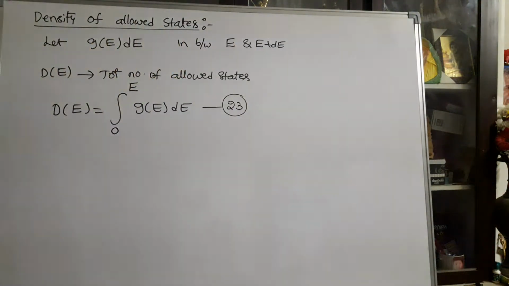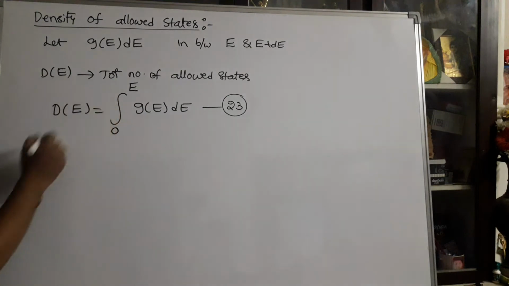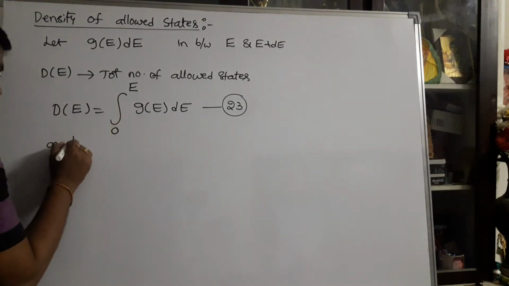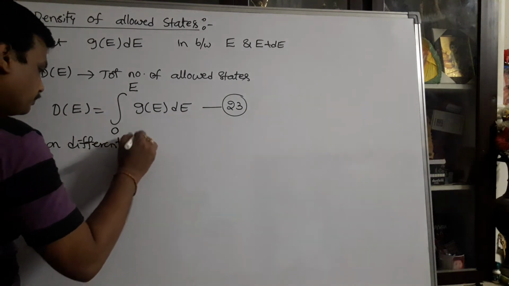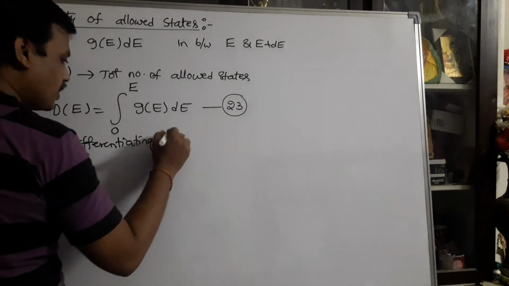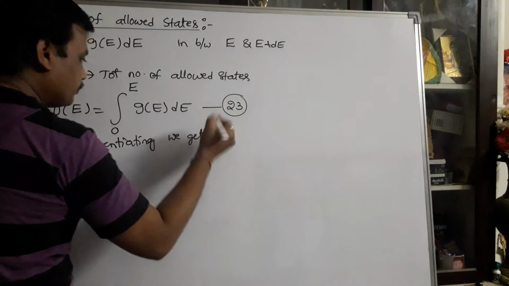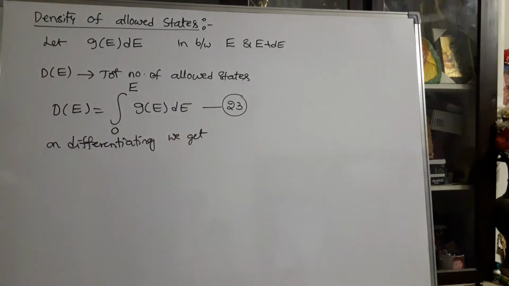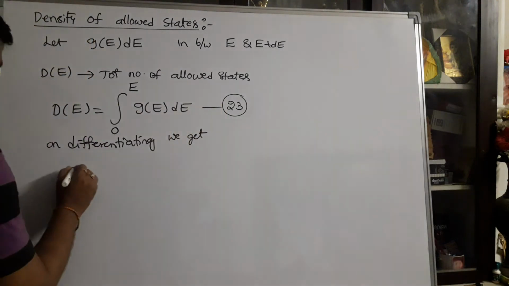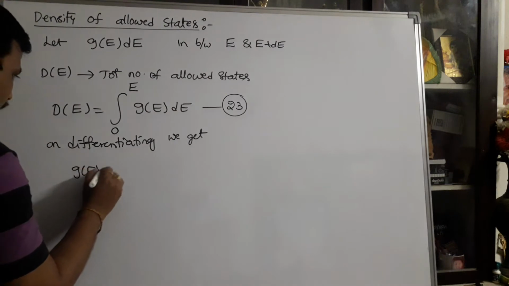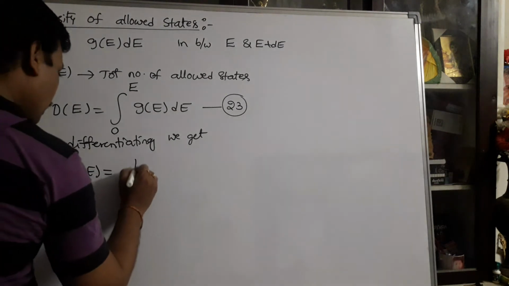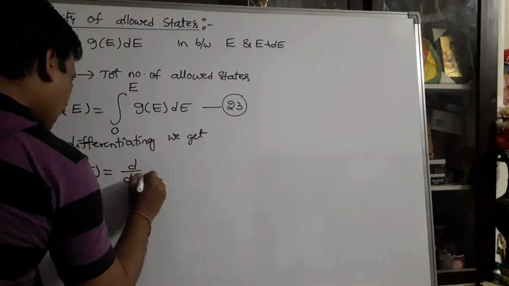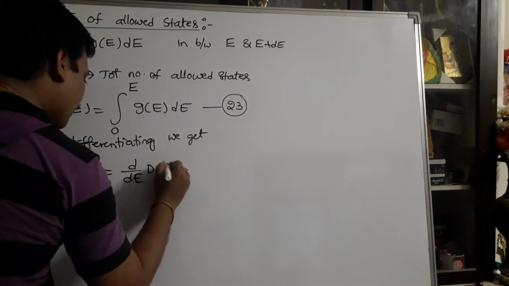On differentiating this equation, we get G of E is equal to d by dE of capital D of E.